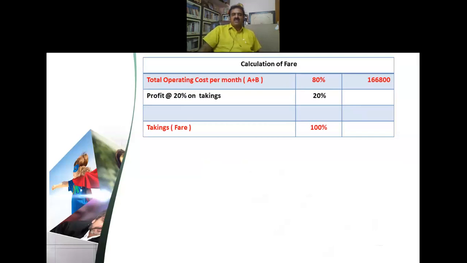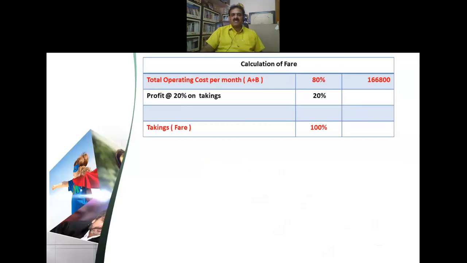So 1/5 on takings is 1/4 on cost, like that also you can do it. Or as the profit is 20%, the bus fare or takings is 100%, therefore the remaining 80% is cost. If 80% equals 1,66,800, what is 20%?